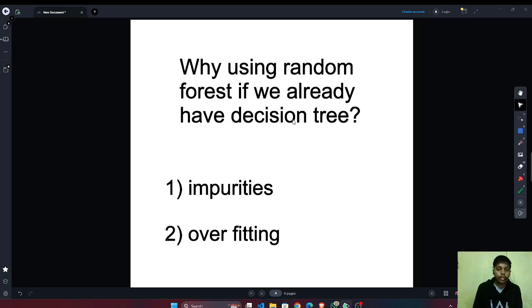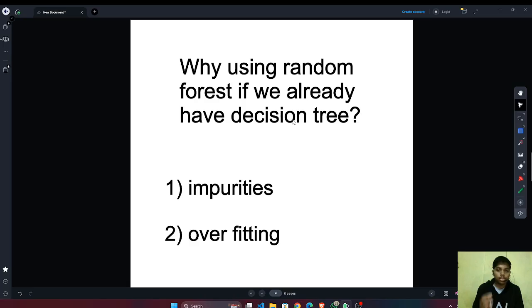So when the impurities increase in that data set, the accuracy of the decision tree will get compromised. And by overfitting, I mean it is trained on only one data set, and it may have chances of overfitting. So the accuracy is compromised in this case too.